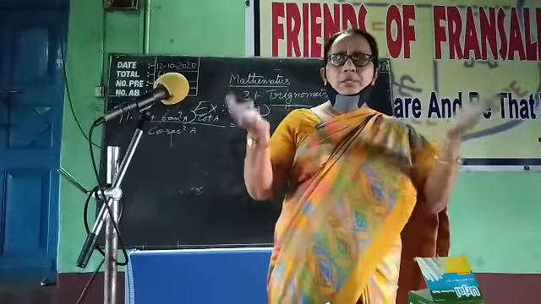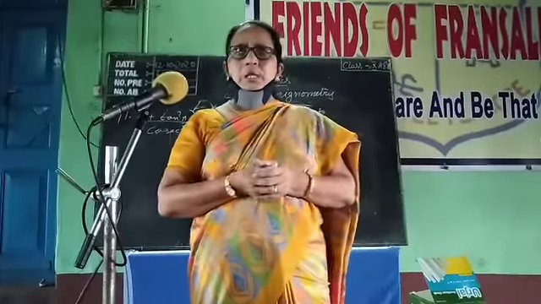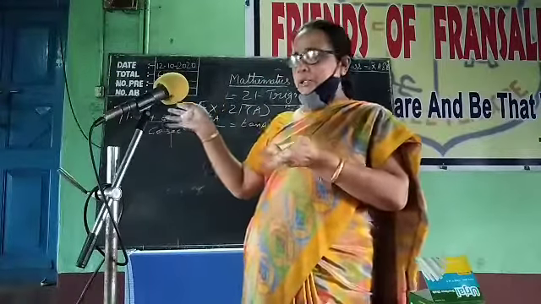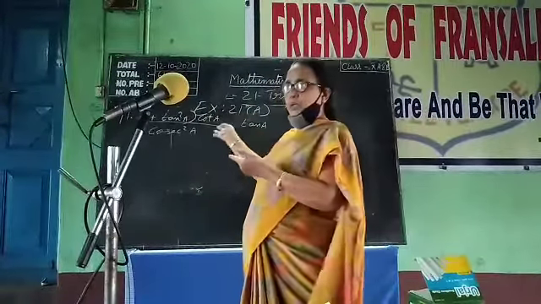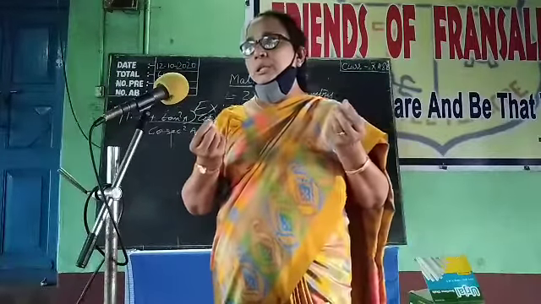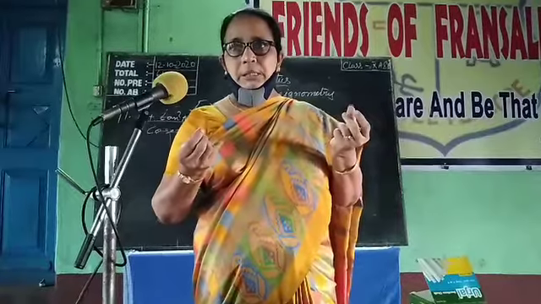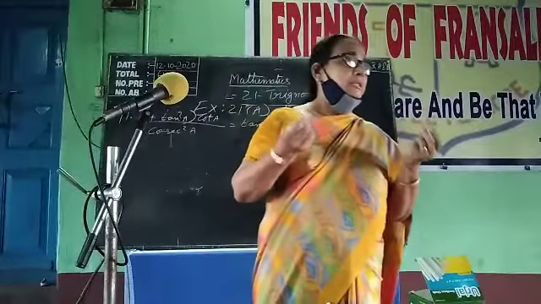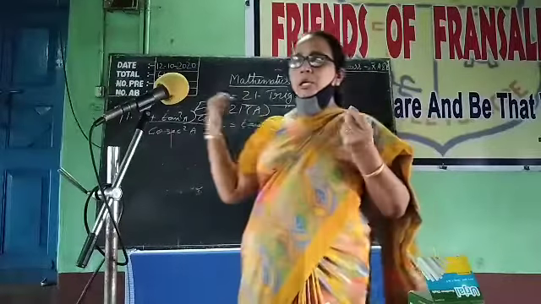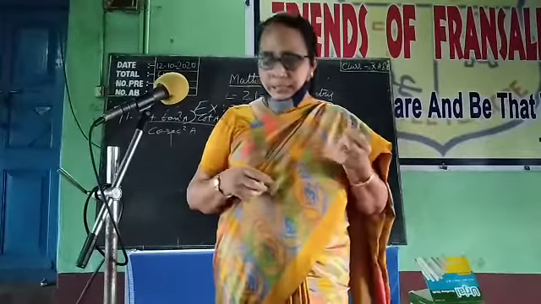Two expressions are equal, it will be called an equation. Here also two expressions are equal. We have to prove it. Of course, it will be correct also. But those expressions are related with the trigonometrical ratios. Therefore, this also will be called a trigonometrical identity.